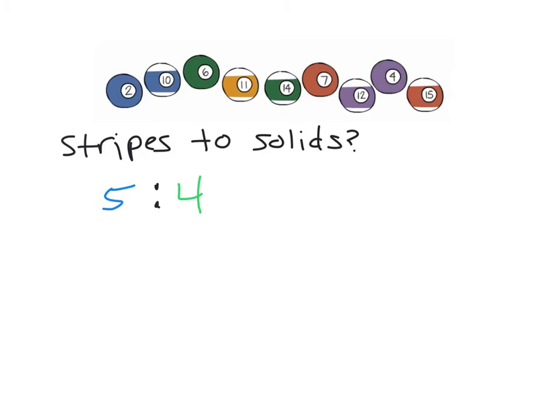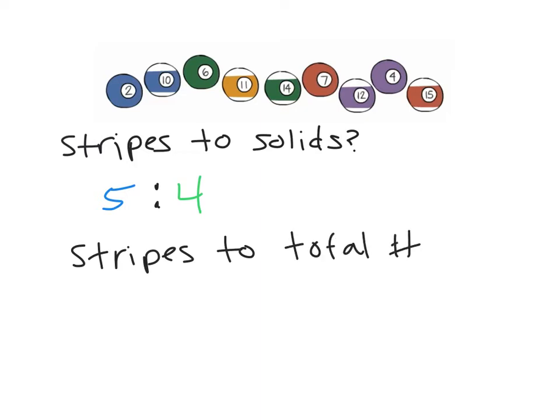But sometimes I might be trying to find a different ratio. Maybe I might be trying to find the stripes to the total number of balls. Remember, this pound sign means number. So if I have stripes again, I have the same number.